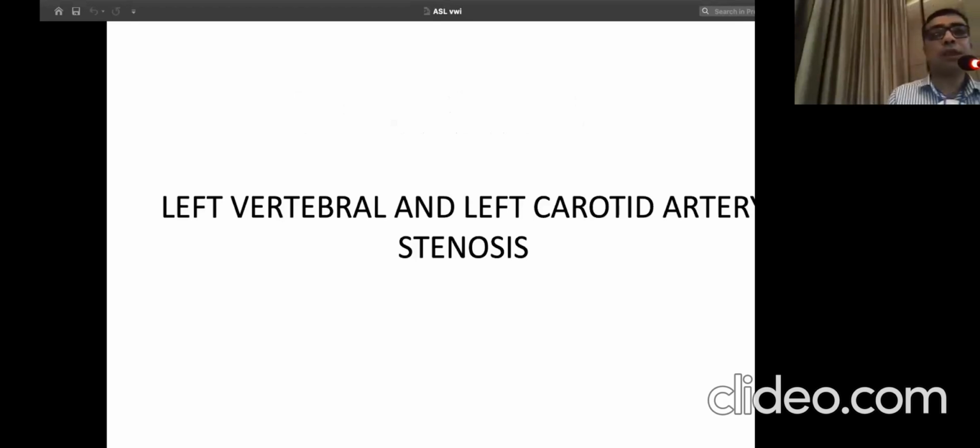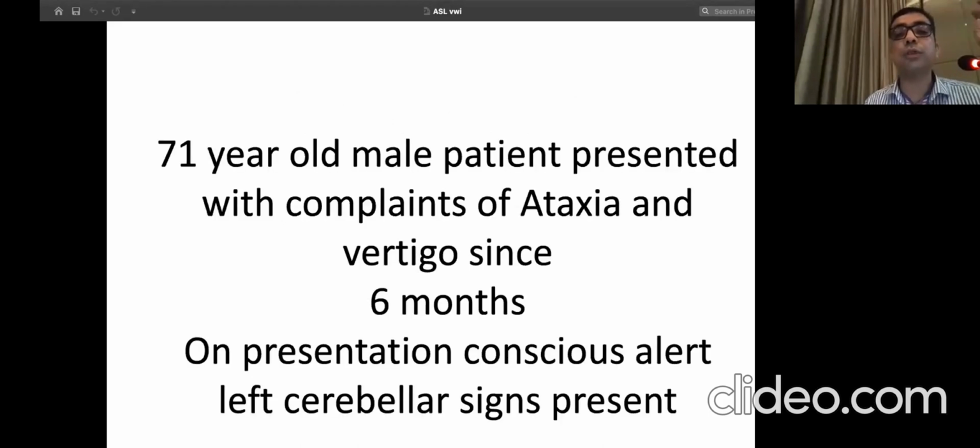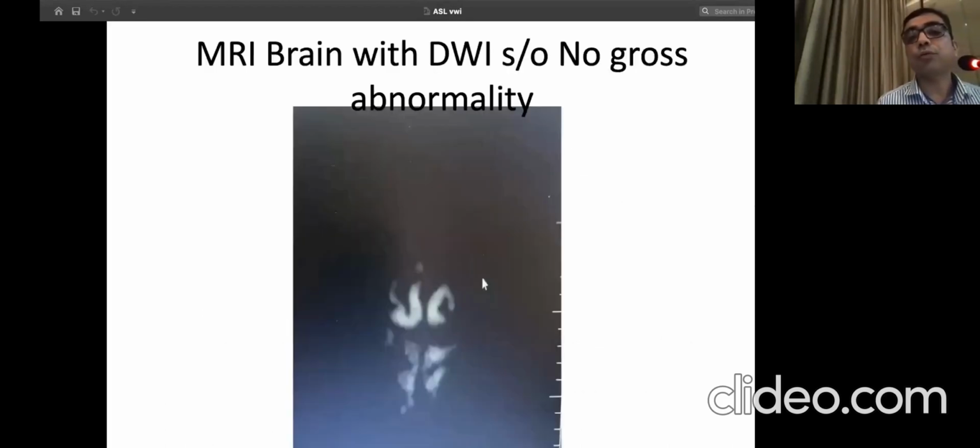This was an interesting case with multiple lesions. The patient, a 71-year-old male, had bilateral carotid stenosis, and the right vertebral was completely occluded. Mostly it looked like posterior circulation symptoms, but we were not sure. We tried diffusion, but I think the video is not loaded on this.